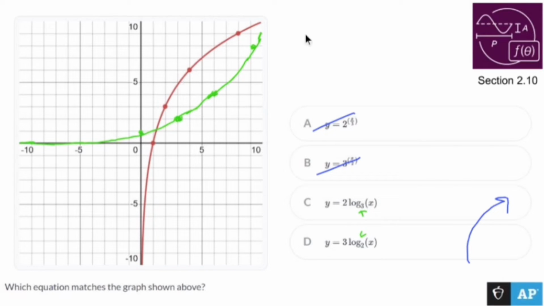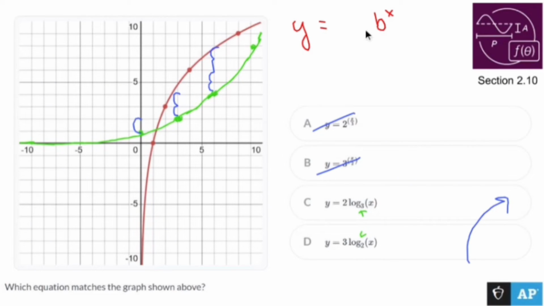When I want to write this out as an exponential function in the form y equals a times b to the x, I start out with an initial value of 1. So that a is kind of useless, I don't need it, let's get rid of it. Now what's really important is b tells you what you multiply every time. I go up 1, and then I go up 2, and then I go up 4. b acts as a common ratio.